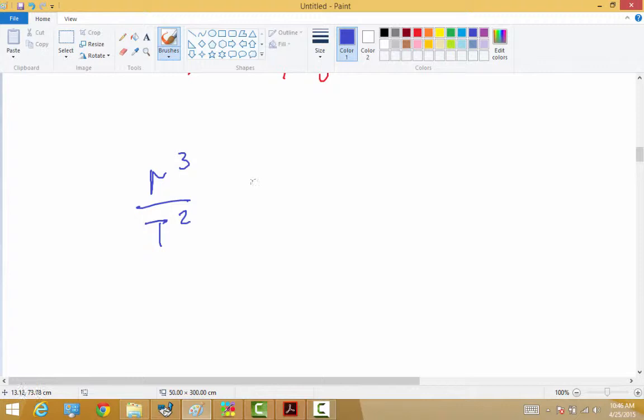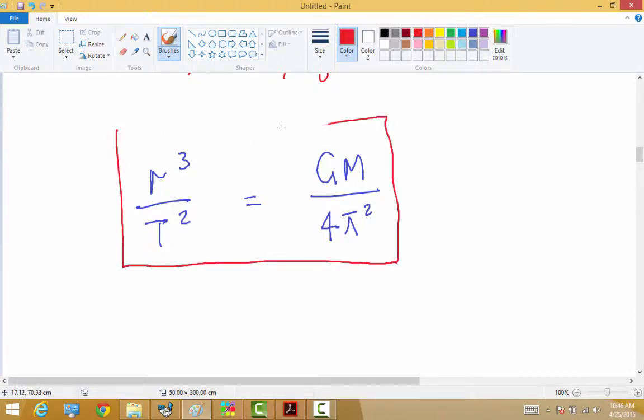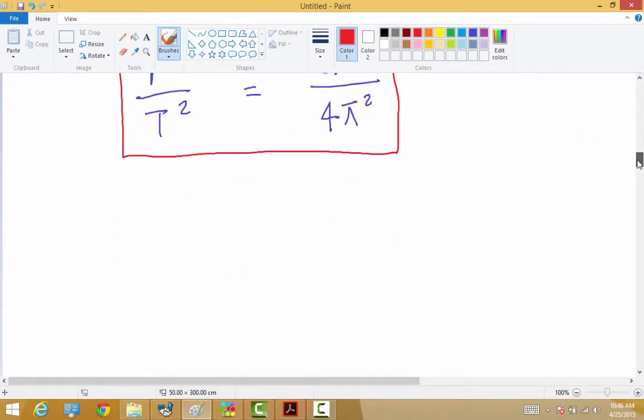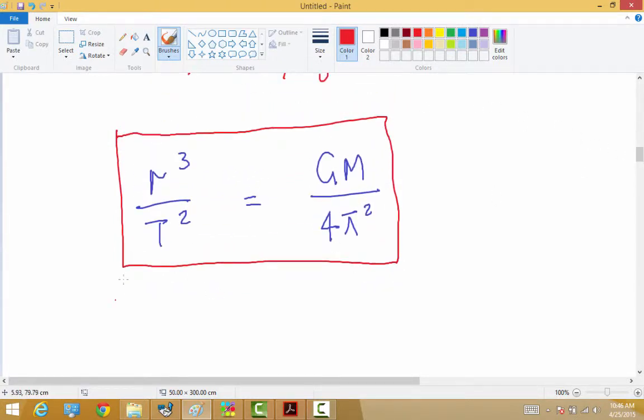So these are the two equations. These two values remain constant at all times, right? For satellites going around a common body. So I just write that down here.